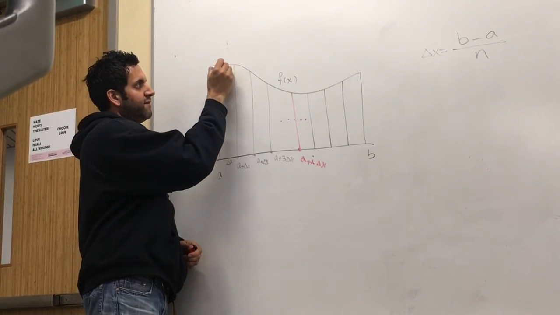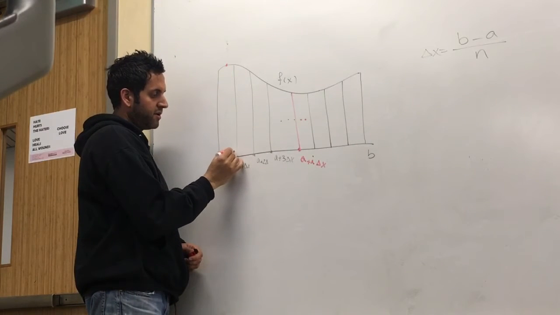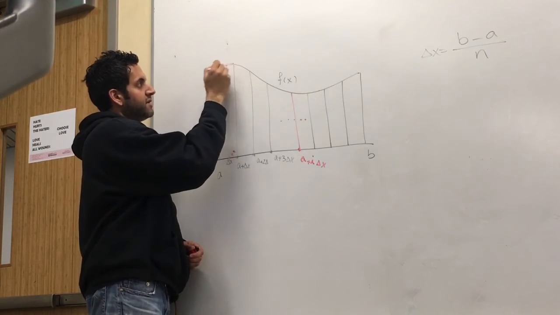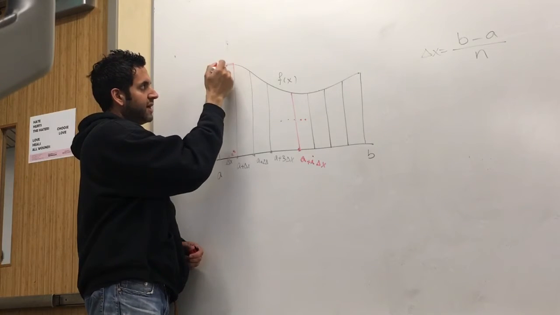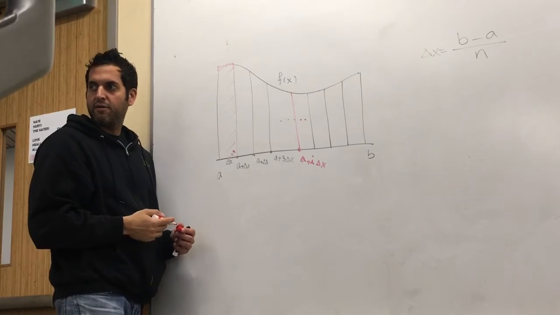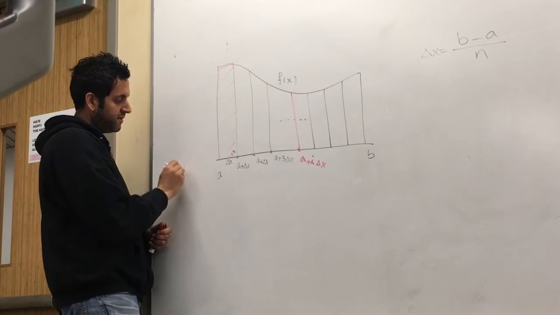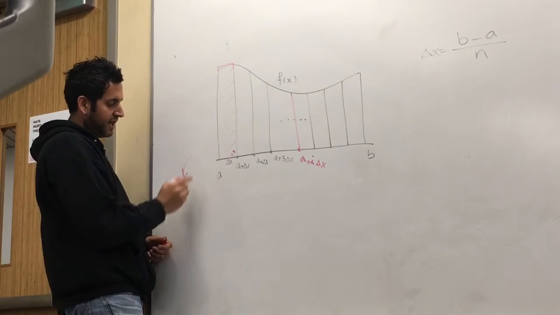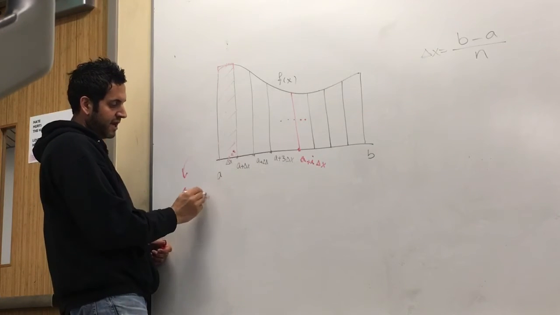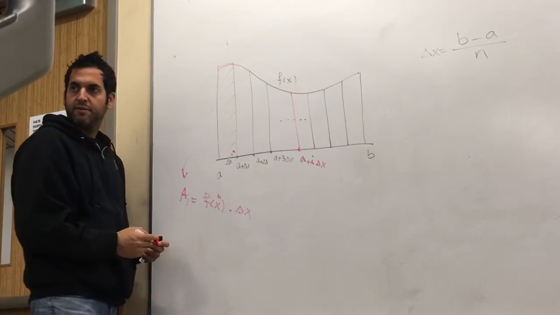But essentially, if any point you pick, like let's say you pick an x star, essentially you are calculating the area of this rectangle. And the way you would find it is that A1 here is f of x star times delta x.